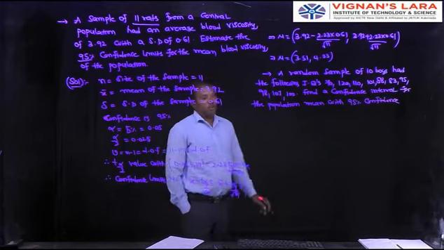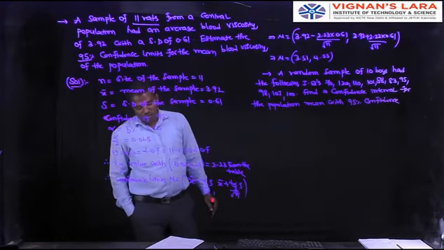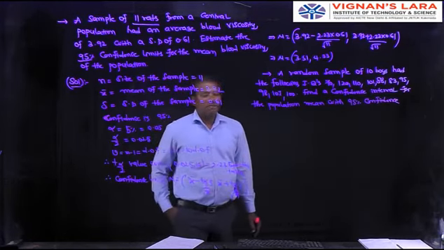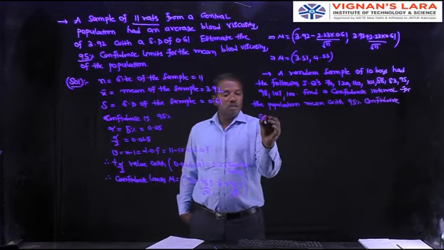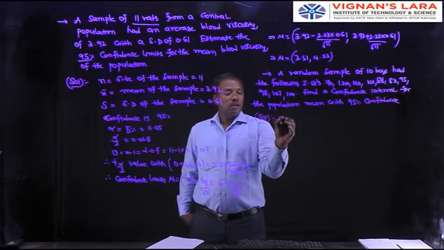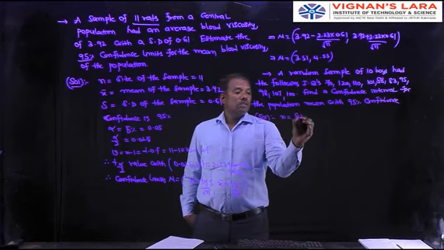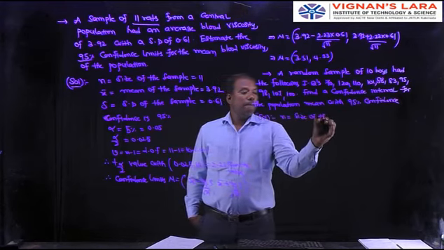Confidence interval for the population mean with 95% confidence. Random sample of 10 boys. So in the solution, n, the size of the sample, is 10.